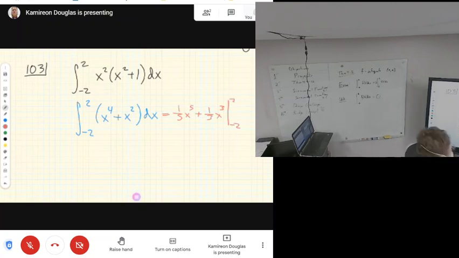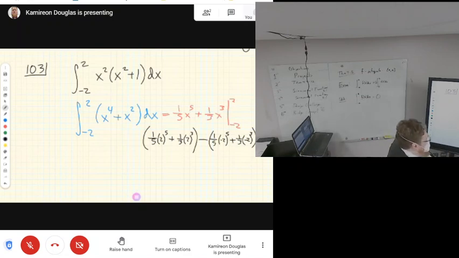Okay, so now we plug in. I plug in 2, so I do 1/5 times 2 to the 5th power plus 1/3 times 2 to the 3rd power, minus 1/5 times -2 to the 5th power plus 1/3 times -2 to the 3rd power.